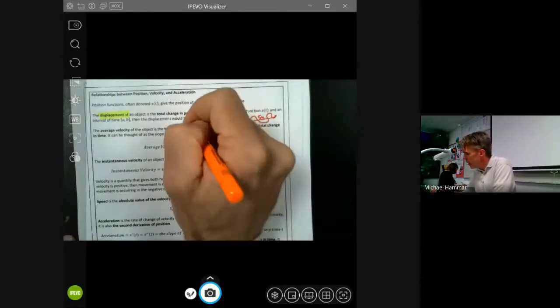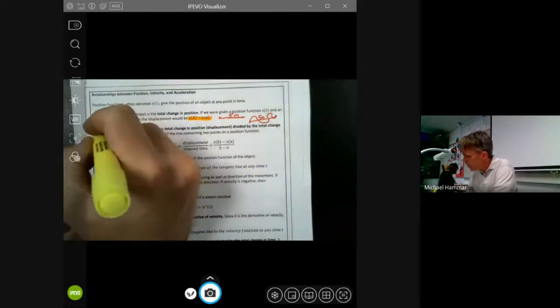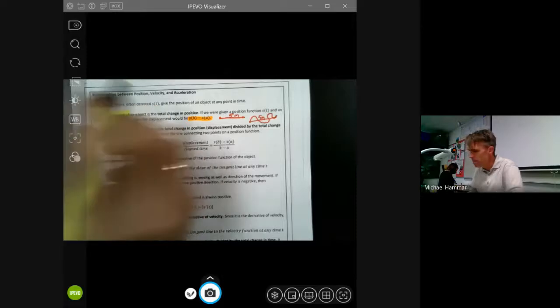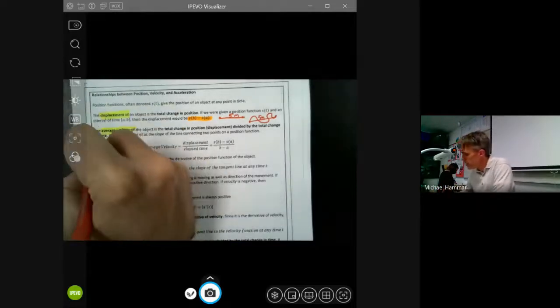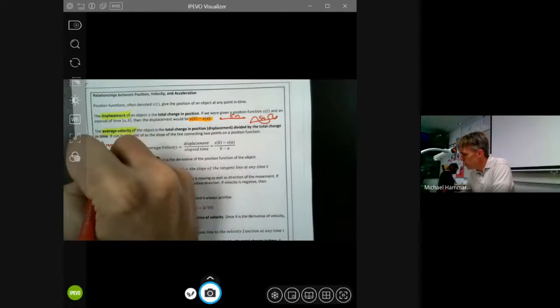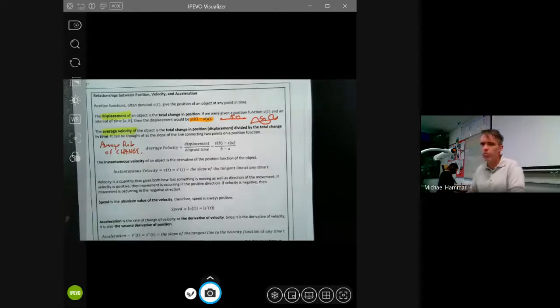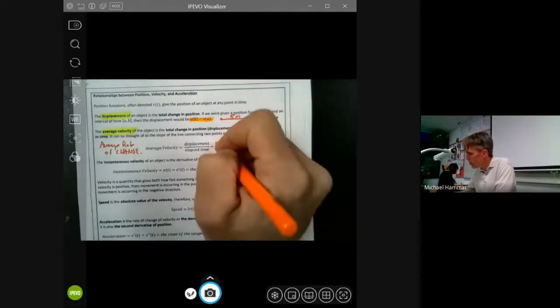That key formula is your position at one place minus your position at another. The second really important thing is average velocity. Average velocity is the same as the average rate of change, so the formula looks very similar.